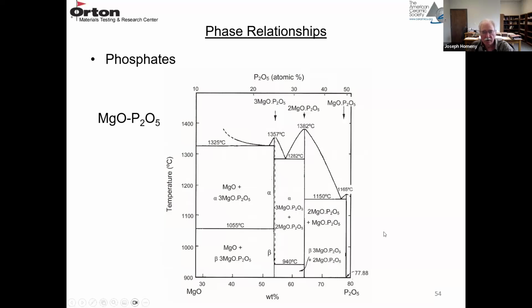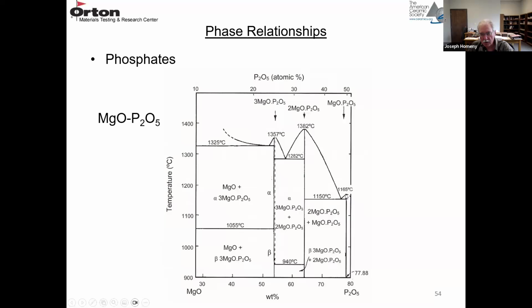So if you look at the phase diagram here, this is MgO and this is P2O5. It's not the complete phase diagram. It's the segment in the middle of the phase diagram. But you can see here these magnesium phosphates that form, MgP2O5, 2-MgO-P2O5, and 3-MgO-P2O5.